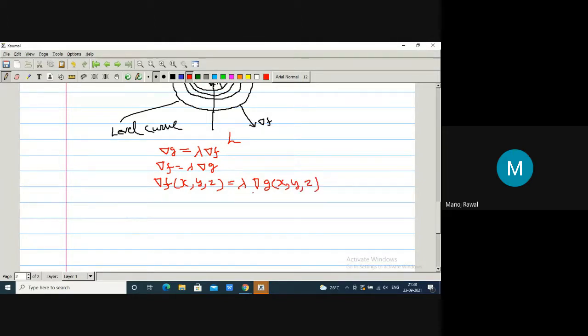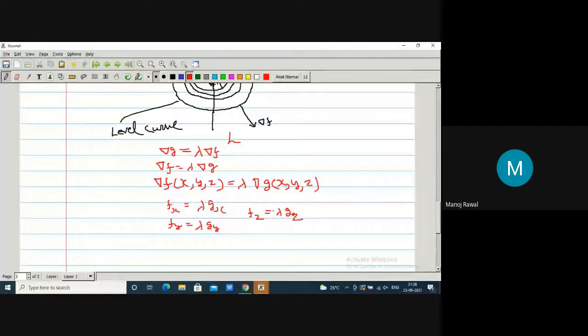And now when you extend this further, you will get some relations. What are going to be the relations? fx is equal to lambda gx, fy is equal to lambda gy, and fz is equal to lambda gz.